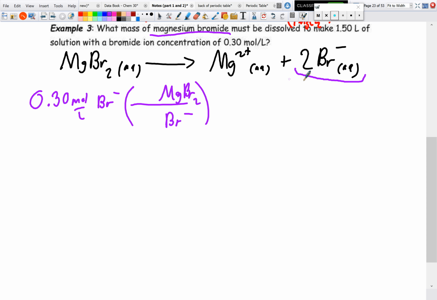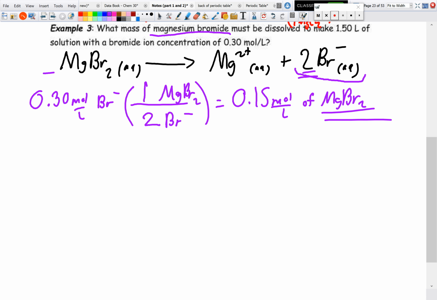So what we have right here, the coefficient from the bromide ion is 2, the coefficient from magnesium bromide is 1. So when we do this, we get 0.15 moles per liter of MgBr2.